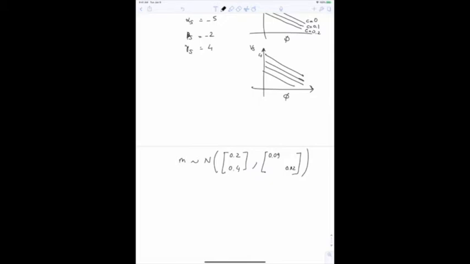This one here would, so remember that the correlation is the covariance between porosity and clay content divided by the standard deviation of porosity and the standard deviation of clay content. So let's make this one here maybe a little bit bigger, 0.16.